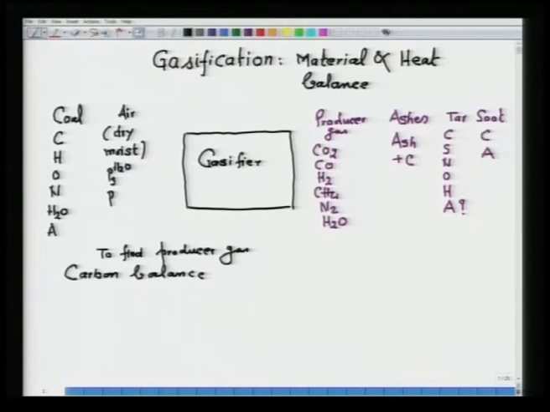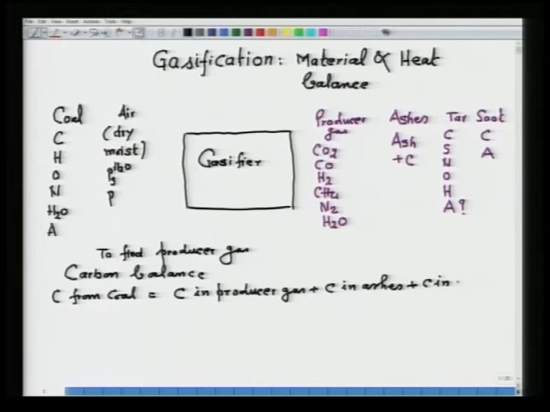In this particular example, carbon from coal is equal to carbon in producer gas plus carbon in ashes plus carbon in tar plus carbon in soot. The amount of soot must have been given, the amount of tar is also given.